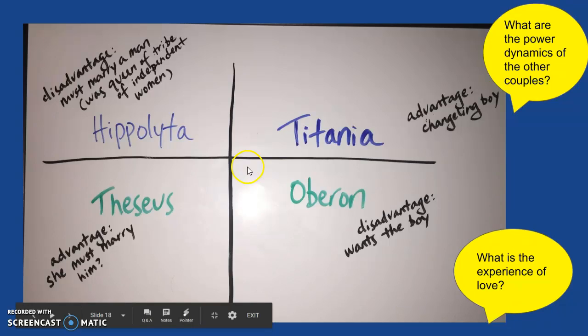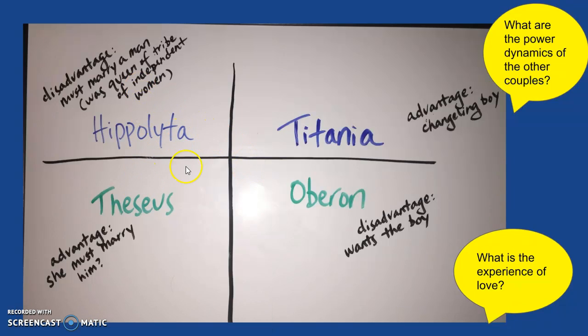Besides the four lovers, it is interesting to ask about the relationships between the about-to-be married royal couple and the other married royal couple, that of Athens and that of the woods and the fairy realm.